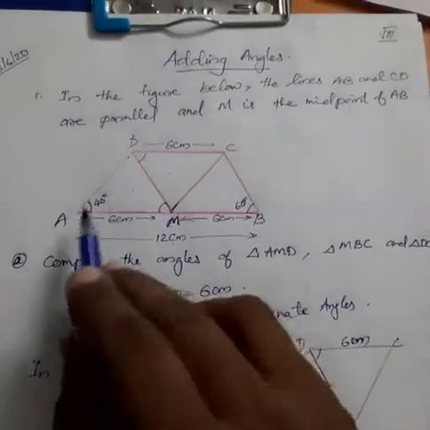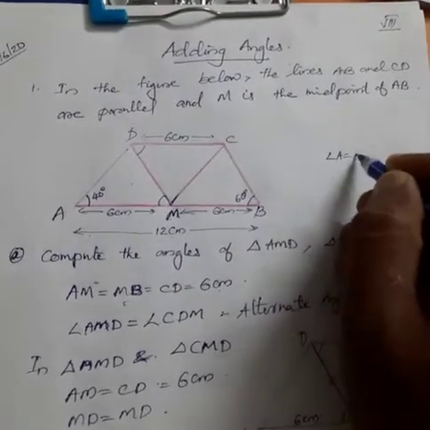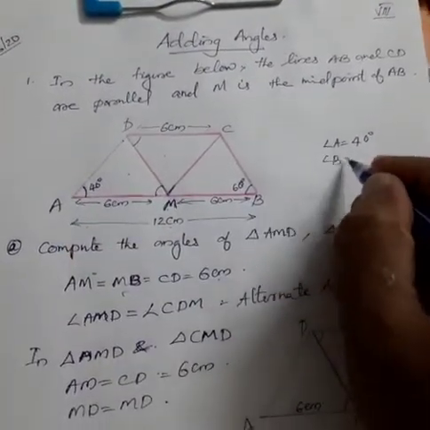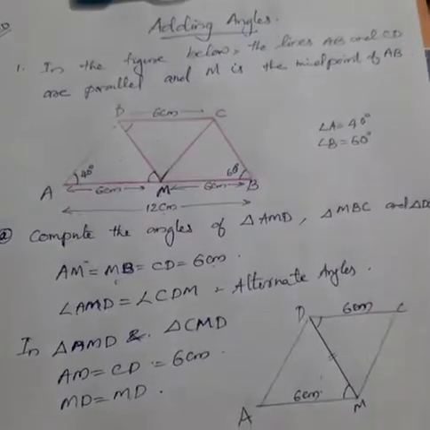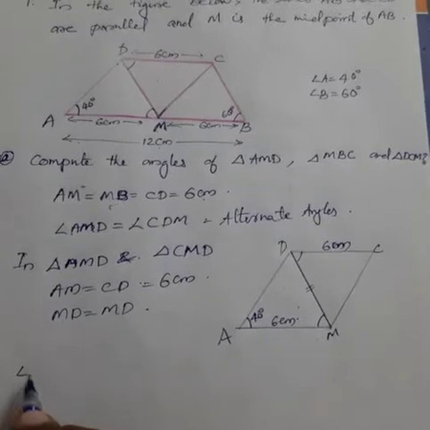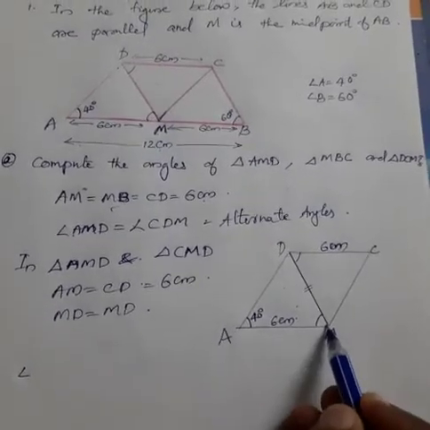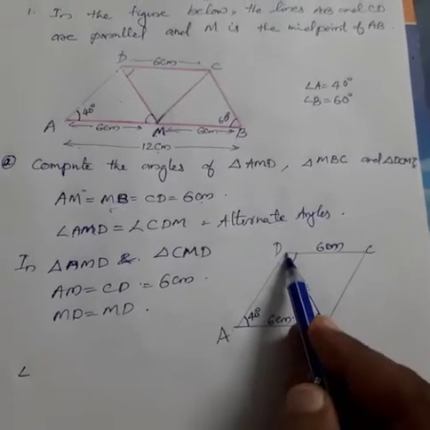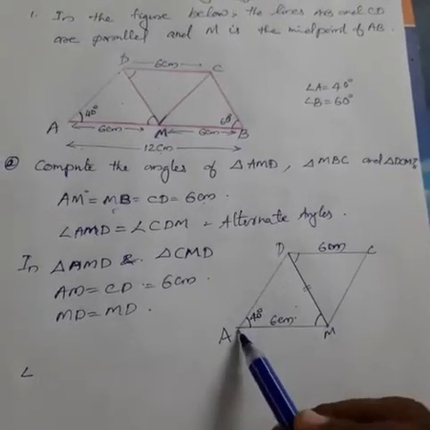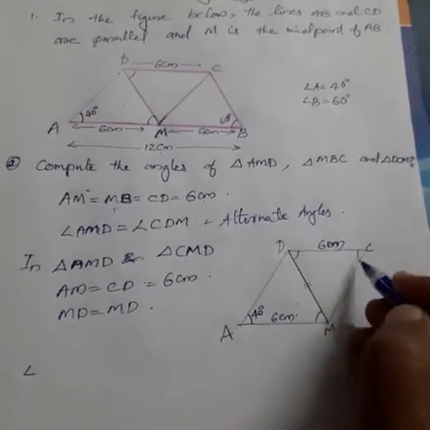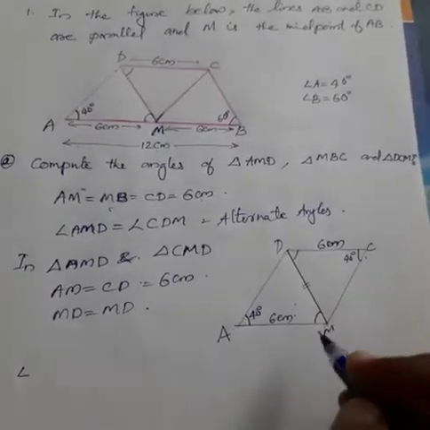It is also given angle A is equal to 40 degrees and angle B is equal to 60 degrees. Angle MCD and angle DAM are equal. This angle is 40, this is also 40 degrees.